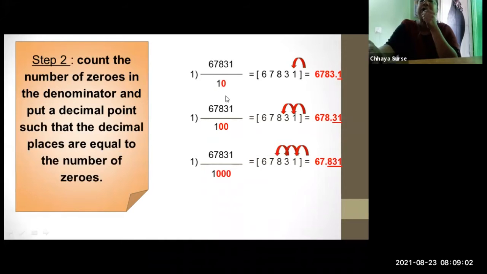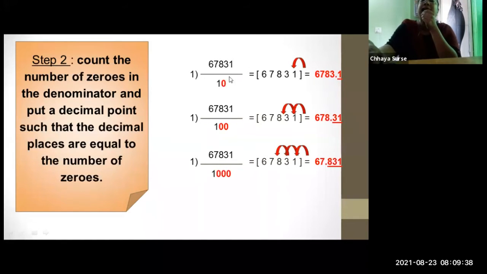These are three examples of common fractions, and now we convert them into decimal fractions. Clear, students? These are the common fractions, and now we convert them into, anyone can give the answer? Yes, decimal fractions. This is the decimal fraction and this is the common fraction.